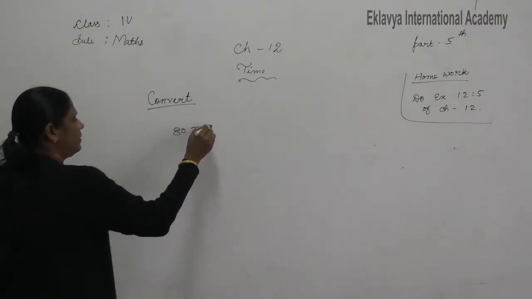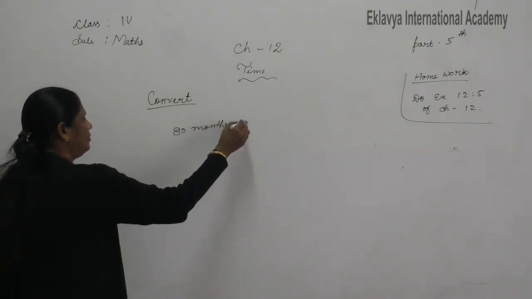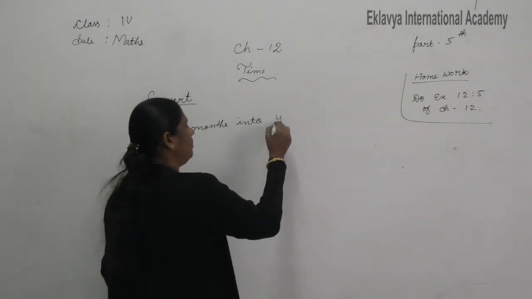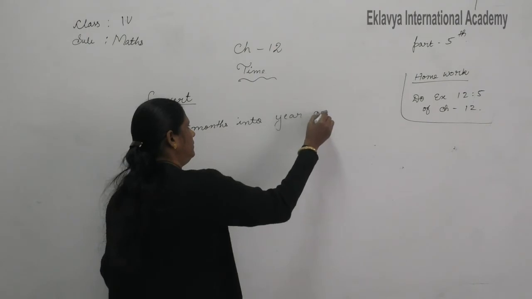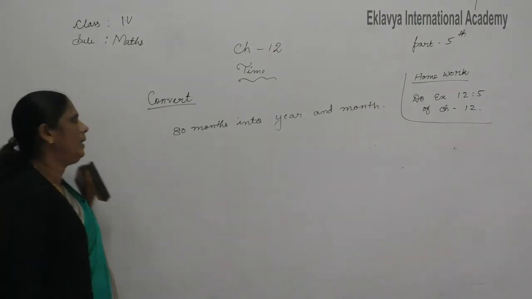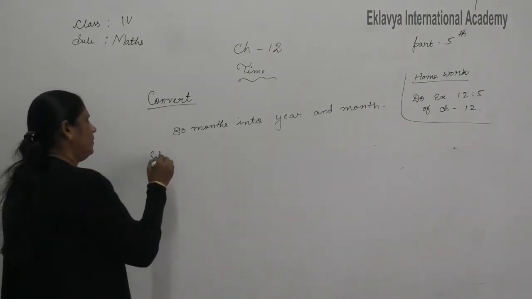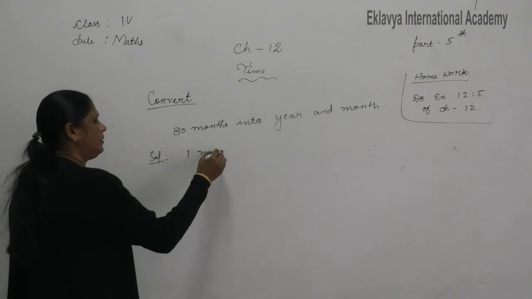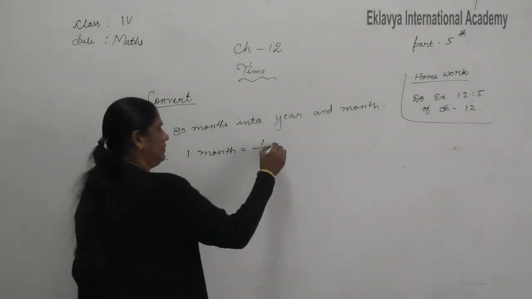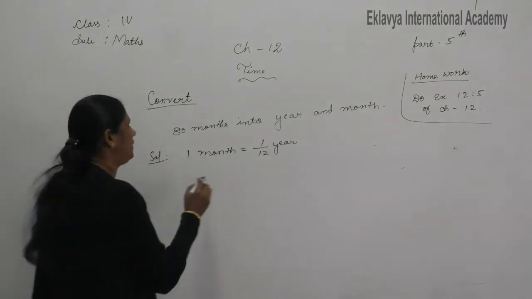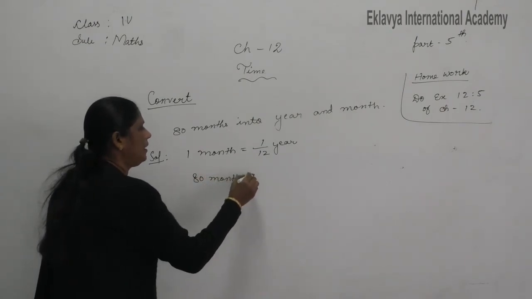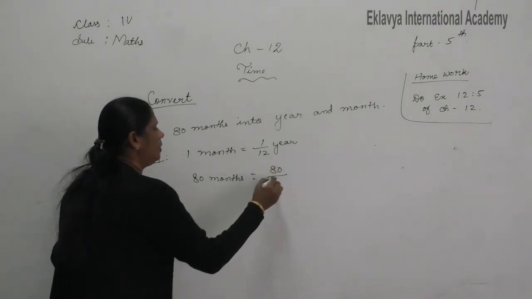Convert 80 months into years and months. Again the solution: 1 month is equal to 1 by 12 year, then 80 months is equal to 80 upon 12.